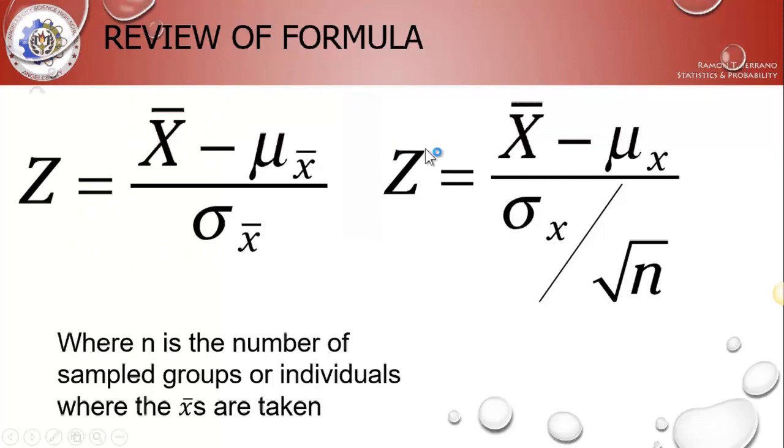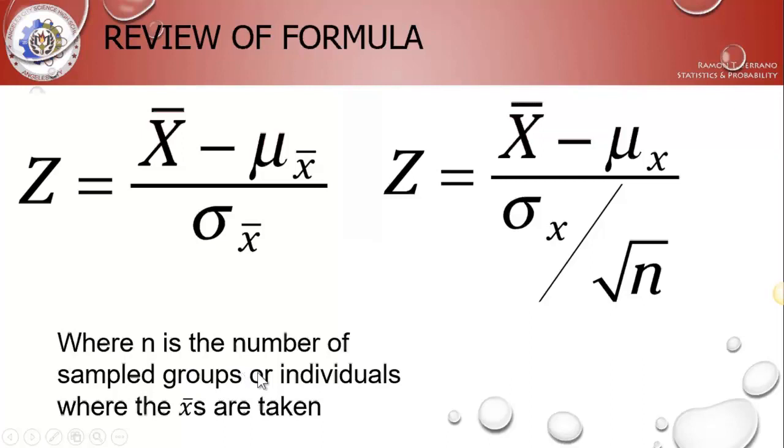Pero kung ang information natin is more on the individual or let's say nag-sample tayo ng isang grupo lang, so we only have information about that group. So we're going to use the average of that group minus mu of x, which is basically the same as mu of x bar, and sigma of x divided by square root of n, where n is the number of sampled groups.